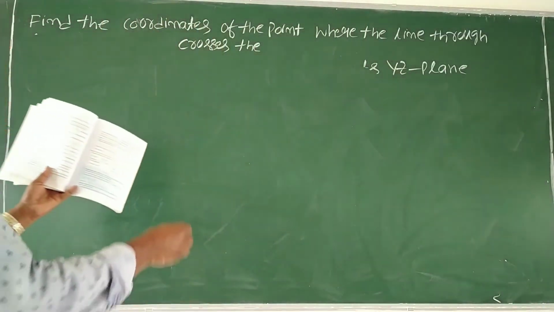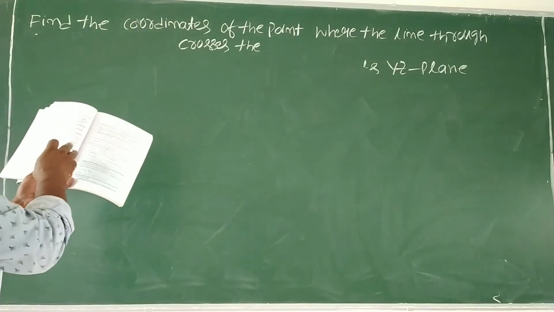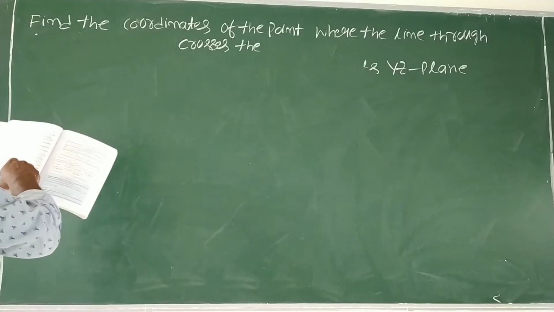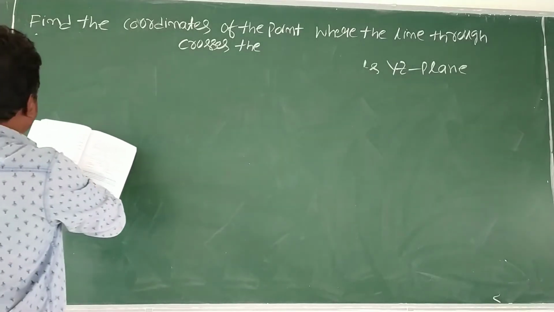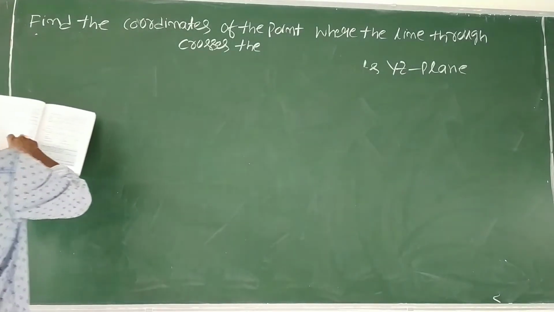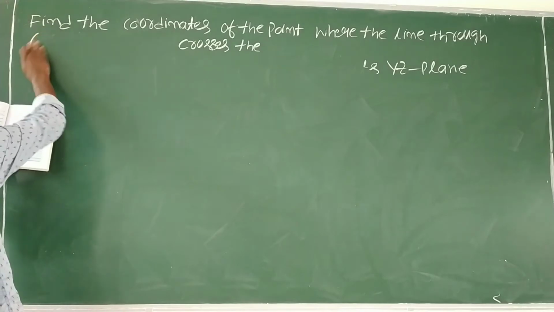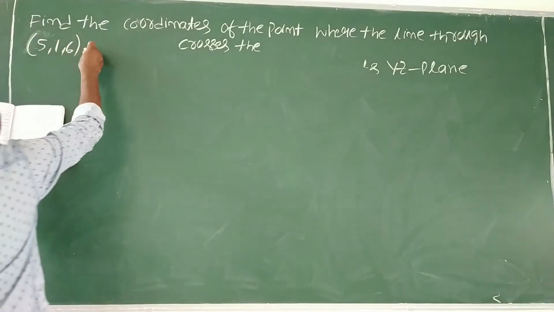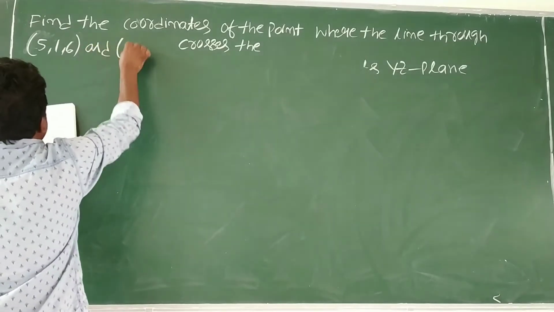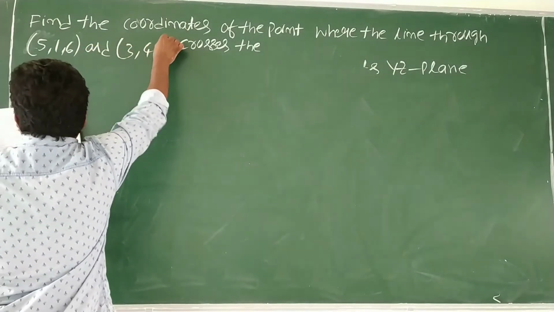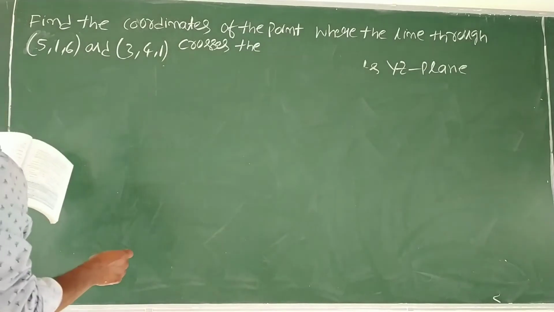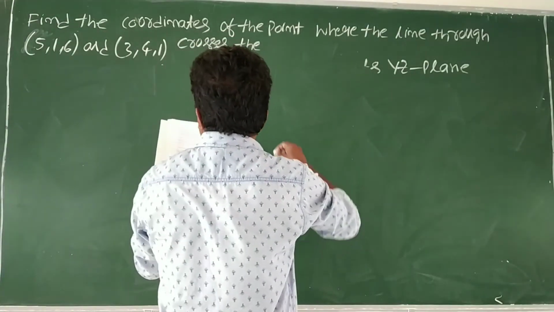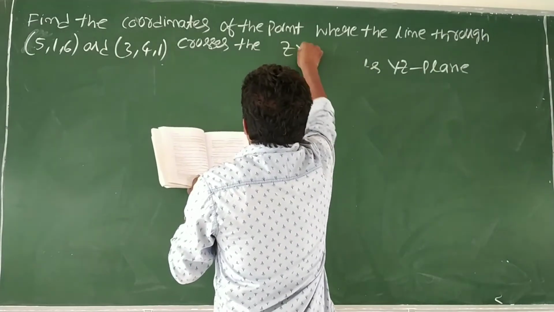Find the coordinates of the point where the line through (5, 1, 6) and (3, 4, 1) crosses the ZX plane.